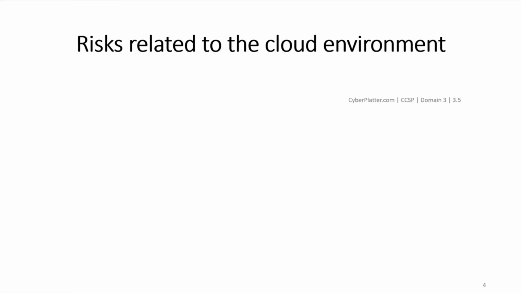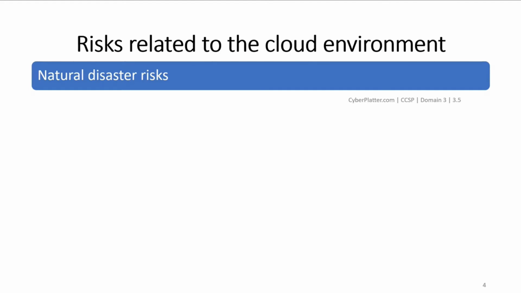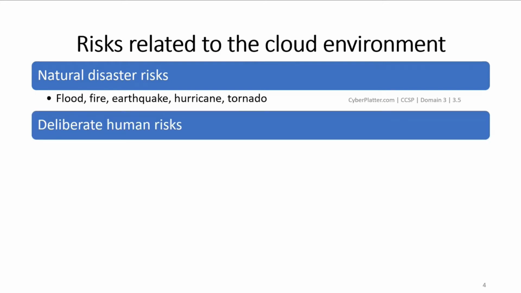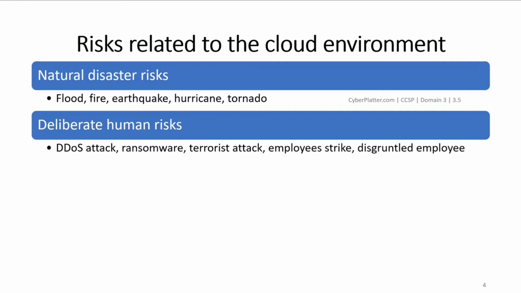So many of the risks that are in traditional IT environment are in cloud environment as well, and it has a little more that are specific to cloud. So the first one is natural disaster risk. This is like flood, fire, earthquake, hurricane, tornado, etc. Deliberate human risks: DDoS attack, ransomware, terrorist attack, employee strike, disgruntled employee, right?